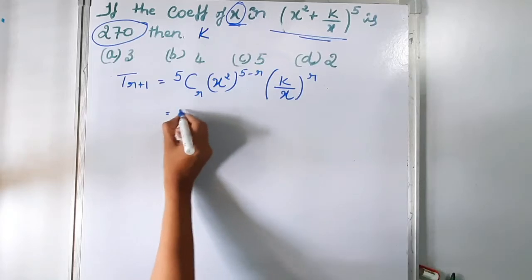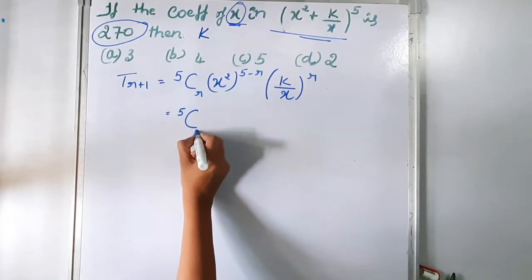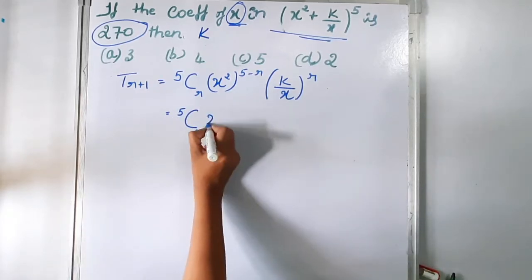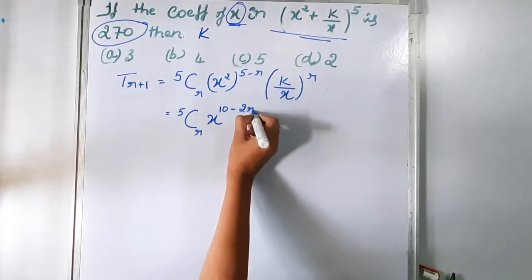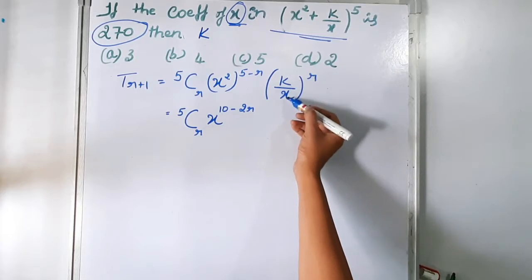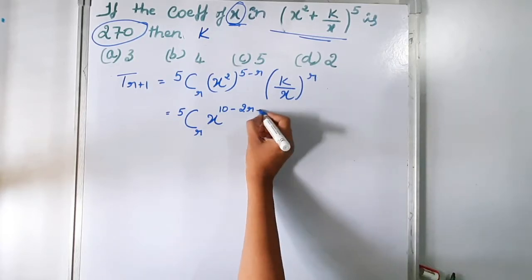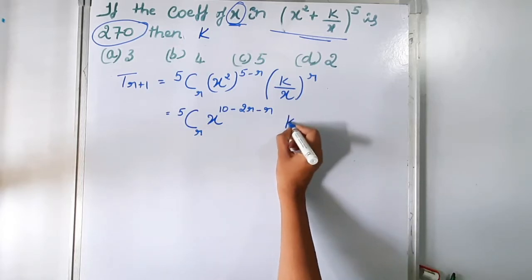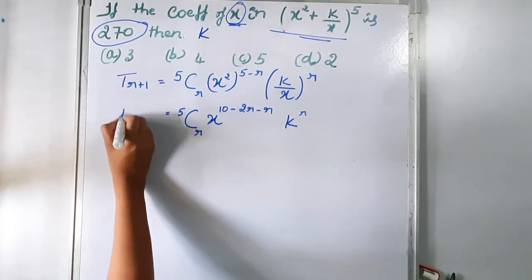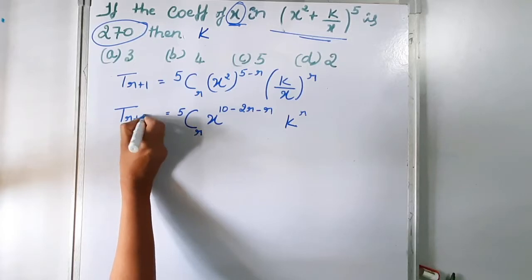So this can be written as 5Cr, x to the power 2 into (5 minus r), which is 10 minus 2r. Directly see here, this is 1 by x to the power r, so I can write minus r. Yes, we solved a similar problem. This is remaining with k to the power r. So this is T(r+1).